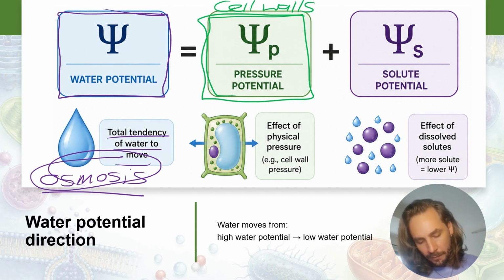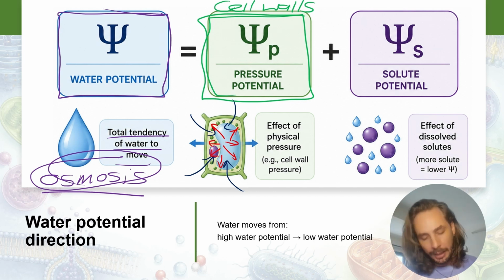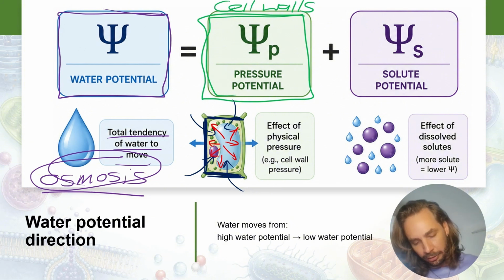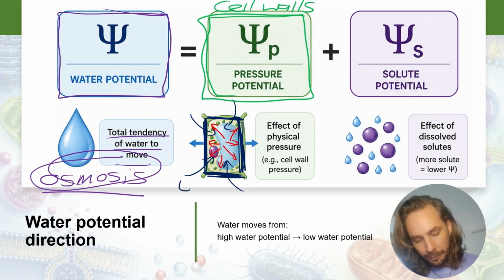Because remember, if water moves into this cell, it creates pressure on the inside, on the cell wall, because the cell kind of wants to expand. It wants to get bigger, but the cell wall is a support structure. And so because the cell inside is getting bigger, but the cell wall is a rigid structure, pressure inside builds up, and we call that turgor pressure.